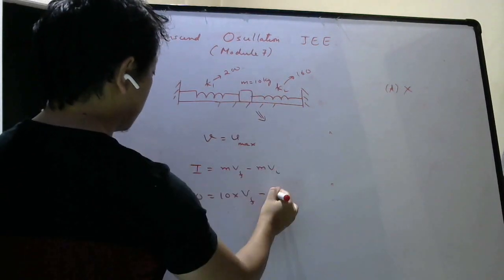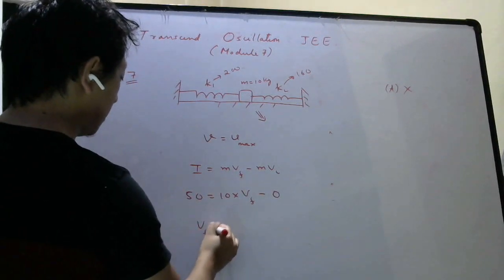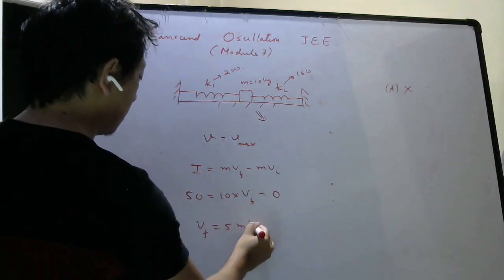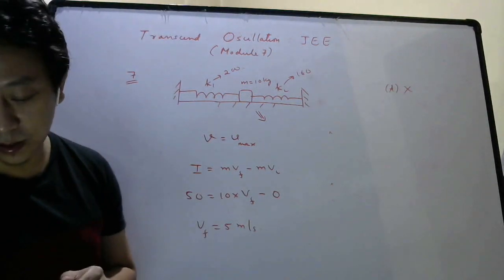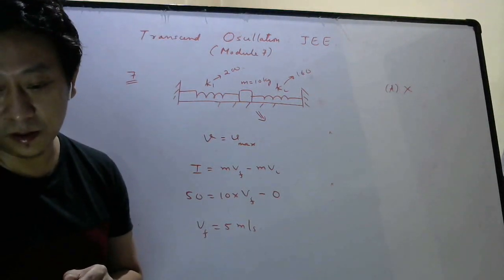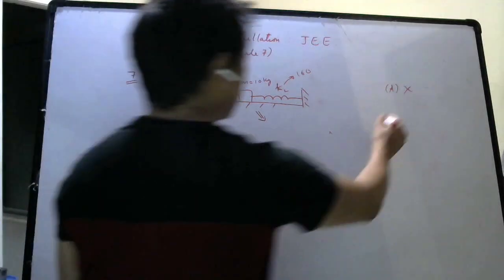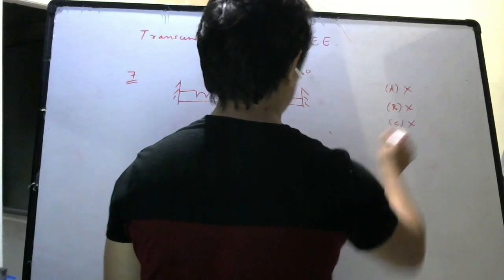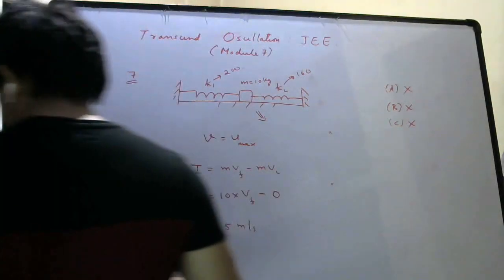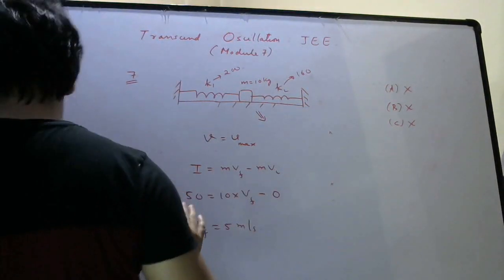Initially it was at rest, so this is 0. So the final velocity with which it starts is 5 meter per second. That itself is your maximum velocity, which in the option they have mentioned to be 10. So option B is also wrong. Option C is obviously wrong. They told data is insufficient, but as you can see, the data was very much sufficient.